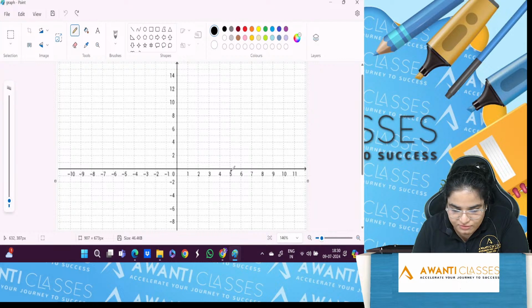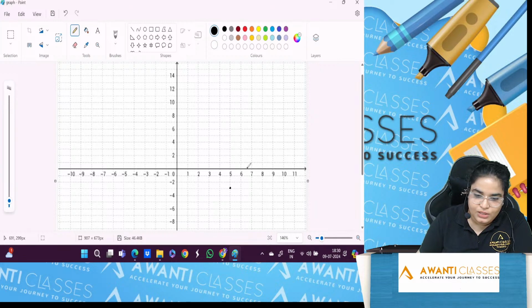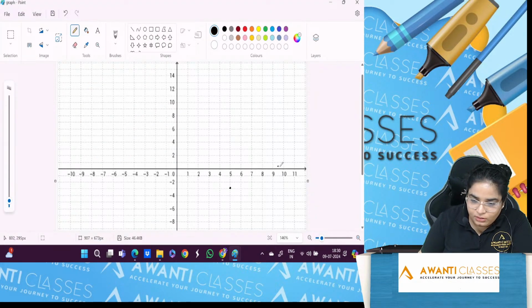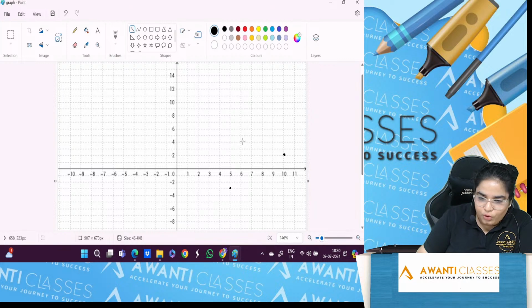So, if x is 5, y is minus 3, will this work? Yes. If x is 10 and y was 2, that will also work. Correct, no? Let us draw the line now properly.